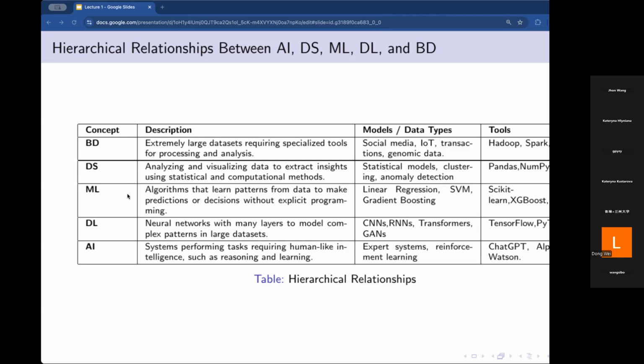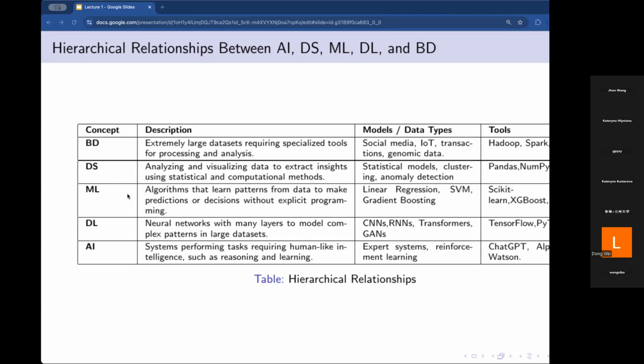Machine learning algorithms continuously improve as they are exposed to more data, allowing them to refine their predictions over time. Deep learning is a specialized branch of machine learning that uses multi-layered neural networks to model complex patterns in large data sets.